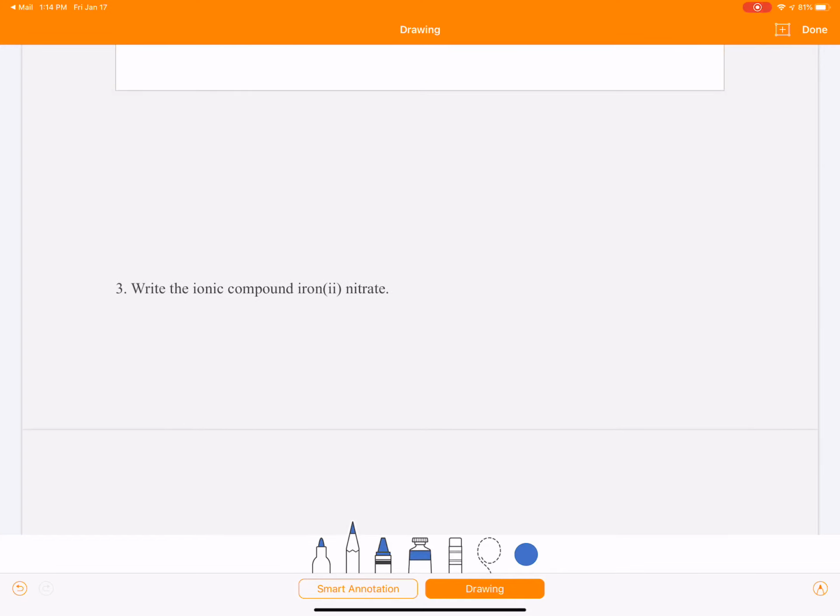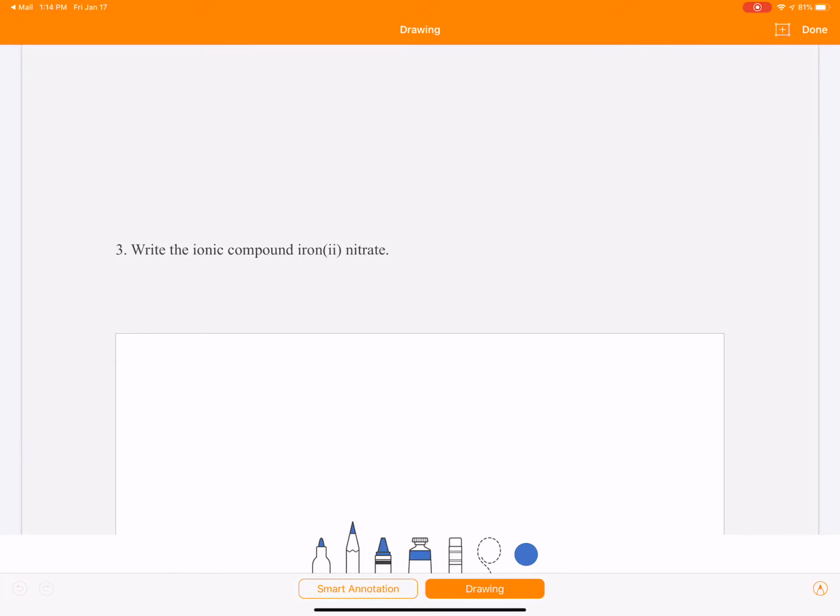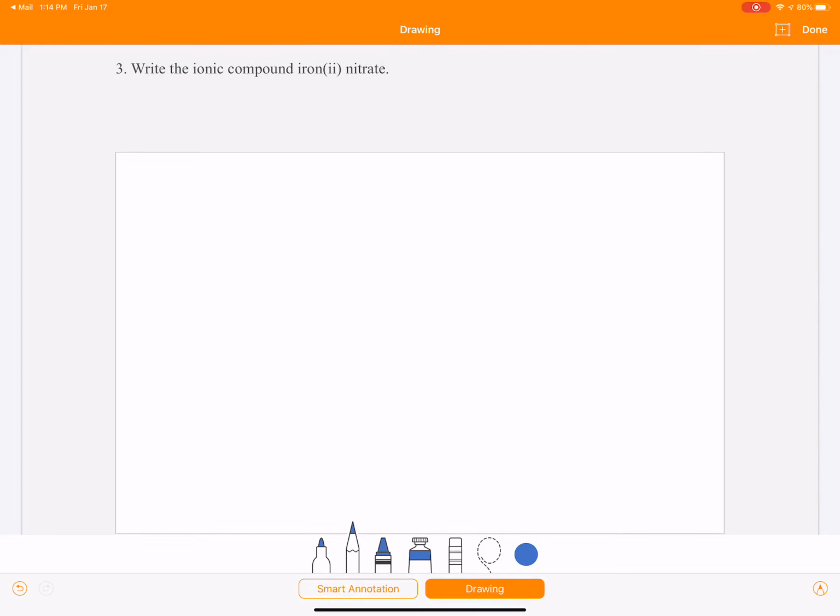Moving right along here. Now we're looking at something that occurs with a transition metal. We're given, write the ionic compound iron 2 nitrate. So like I said in the beginning, iron's a transition metal, has the symbol of Fe. And here we're seeing that they're telling us its charge is +2 with the Roman numeral 2. Now, nitrate is also another polyatomic ion, very common, has a -1 charge.